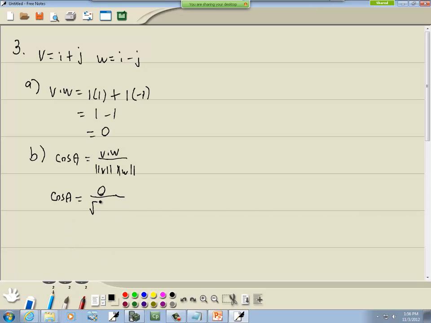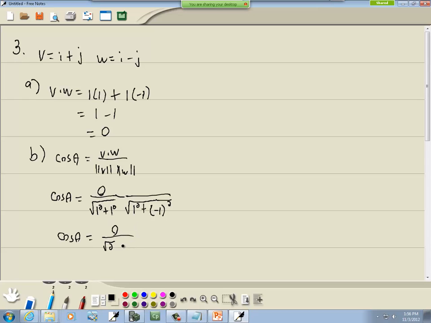Okay, so the square root of V: the number before i is 1, the number before j is 1, so we've got 1 squared plus 1 squared. Now in this one, the number before i is 1, so we've got 1 squared plus the number before j is negative 1, so negative 1 squared. 1 times 1 is 1, so 1 plus 1 gives us 2.